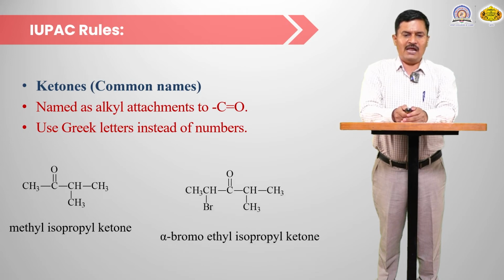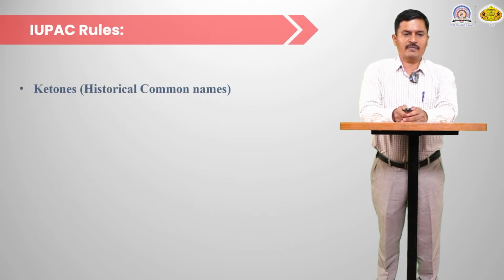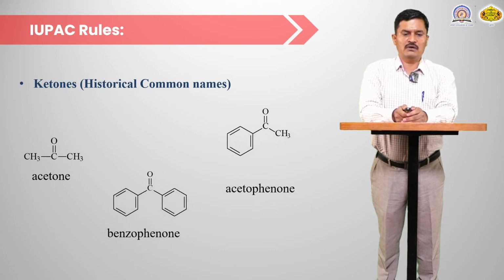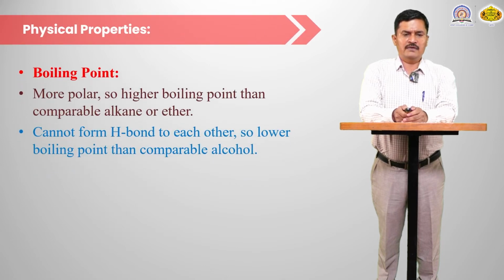Another common name: bromine which is attached at the alpha position, that's why alpha-bromo ethyl isopropyl ketone. Some of the ketones have historical names, for example acetone, acetophenone, benzophenone. All these compounds have historical names, meaning the scientists who discovered such compounds named them. Then the physical properties of the aldehydes and ketones.